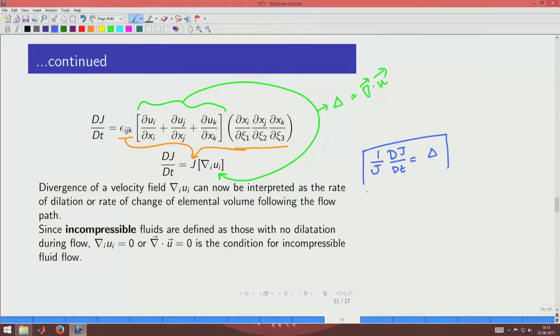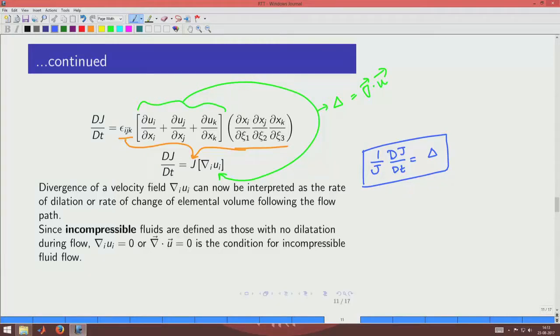So, we have another way of describing incompressible fluids. We earlier introduced the concept of incompressible fluids, saying that those are the fluids for which the material derivative of density is 0, or the density of a control volume as it is moving along the flow should not change. Here we can see that there is another way of describing it.